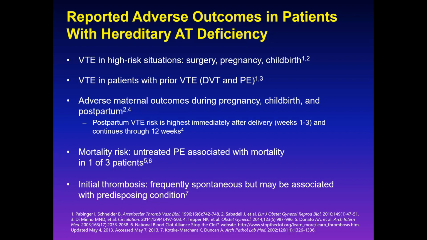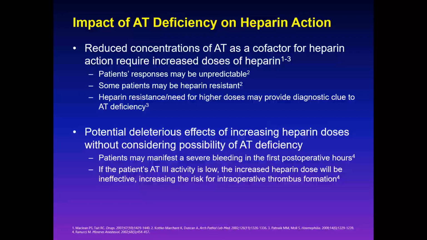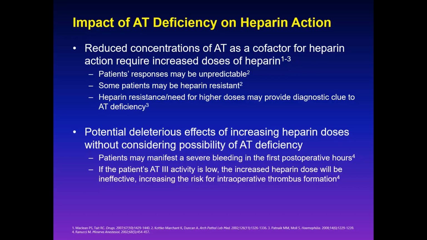I want to tell you a couple of more important things about the impact of antithrombin deficiency on heparin action. So when the antithrombin concentrations are reduced, the antithrombin is a cofactor for heparin, and that may require increased doses of heparin, right?